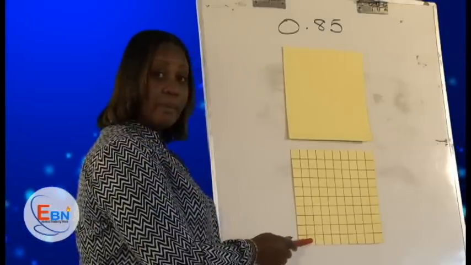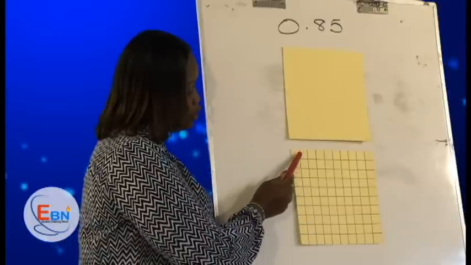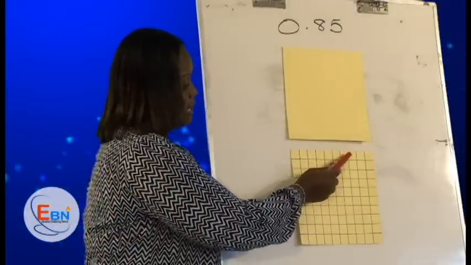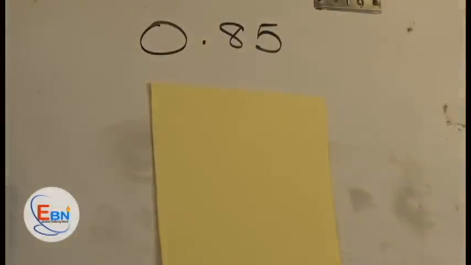So here, we have divided the whole into 100 equal pieces. 0.85, which is the same thing as 85/100th, or 8/10 and 5/100th. Now let me represent it on my 100th grid.